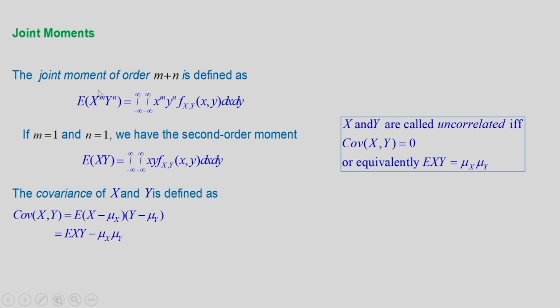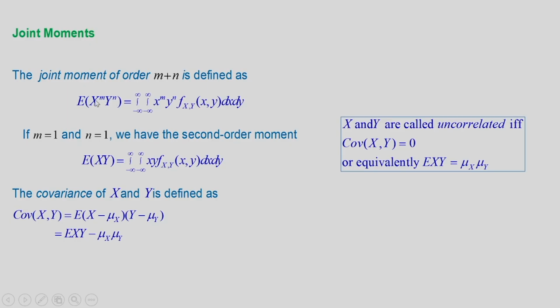Similarly, in the case of multiple random variables, for example joint random variables x and y, we can define the joint moment of order m plus n, and this is given by E of x to the power m into y to the power n.